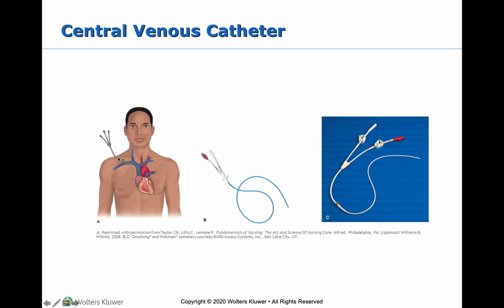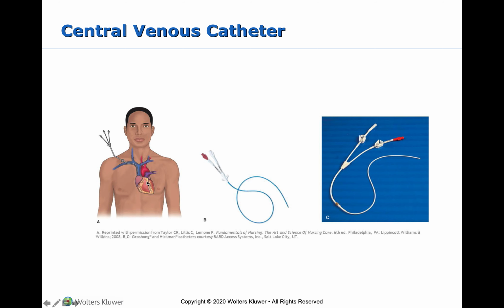It's usually inserted in the neck, literally up here in the neck, but this is showing it more in the shoulder area. So anywhere in this area, it's going to be inserted into your subclavian or jugular vein. And then that tubing is going to be advanced down into the superior vena cava, which is just above your right atrium.